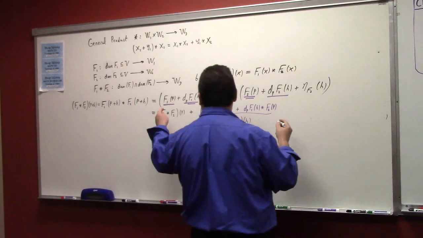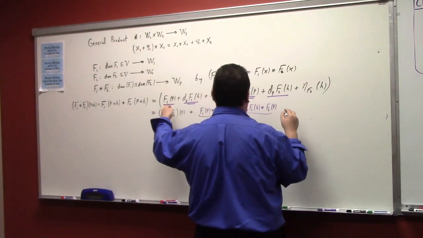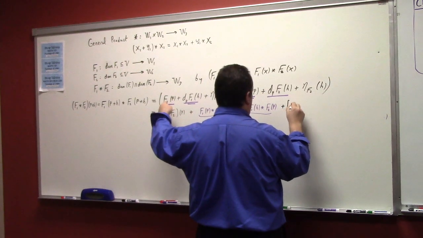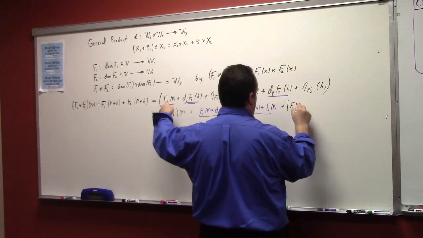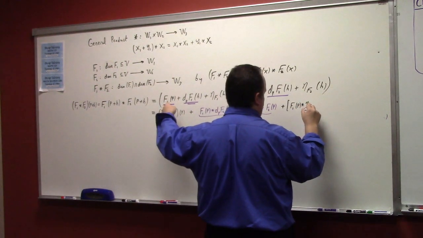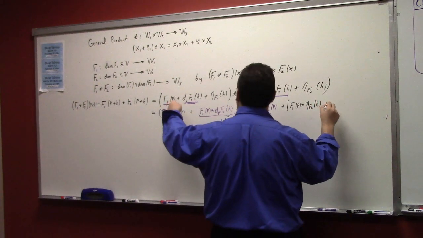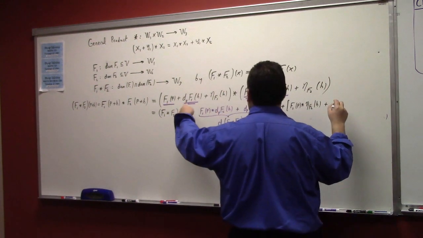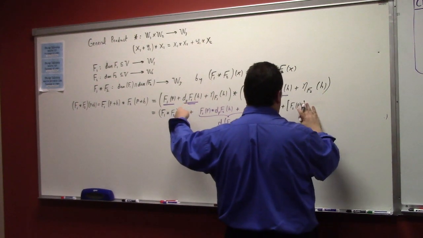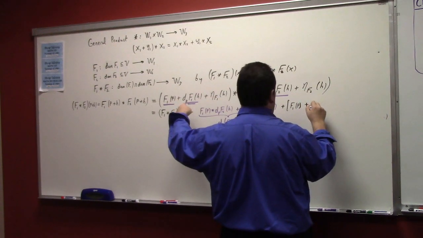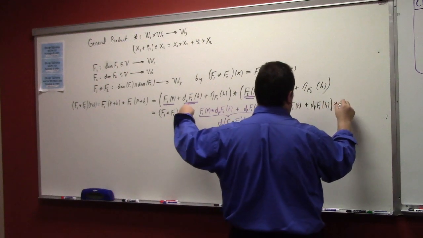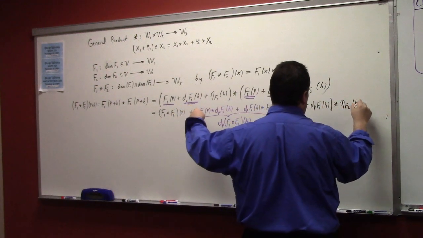Well, oh man. Plus, looks like I've got F1 of P times A to F2 of H, right? Plus, oh, I guess I should have kept that, right? Let me write these together. F1 of P plus dP F1 of H star A to F2 of H, right?